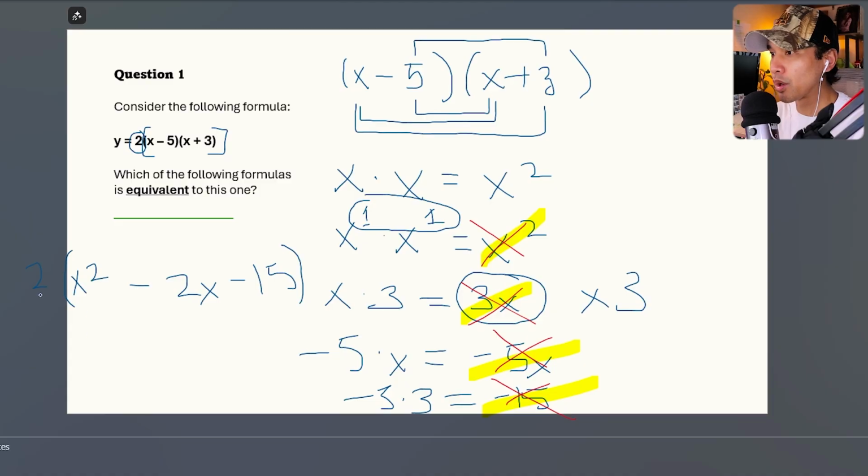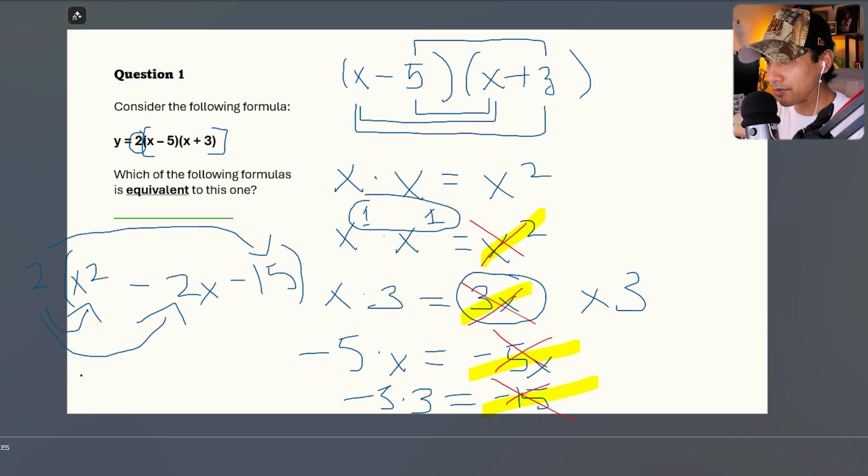The 2 is what we call a coefficient. This 2 will be multiplied to each term, to the x squared, to the negative 2x, and then to the negative 15.